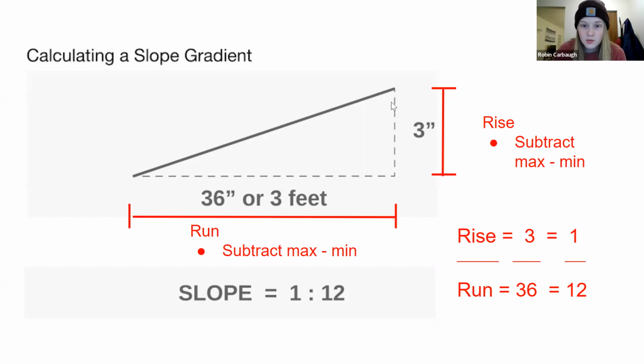But this rise would be 3, so the top is 3, the bottom 0, 3 minus 0 is just 3. And then this length here is 36, so we can get a slope gradient by taking rise over run, that'd be 3 over 36. We can simplify that down to 1 over 12. That's where that 1 over 12 comes from.